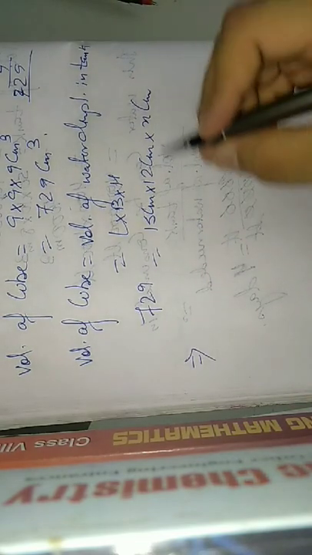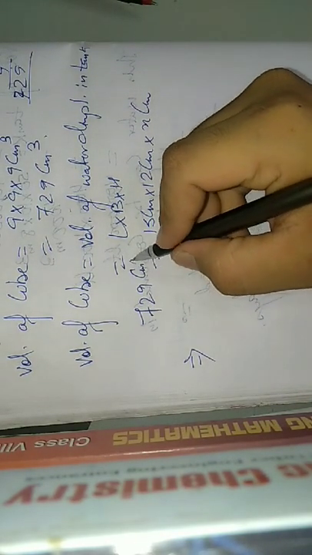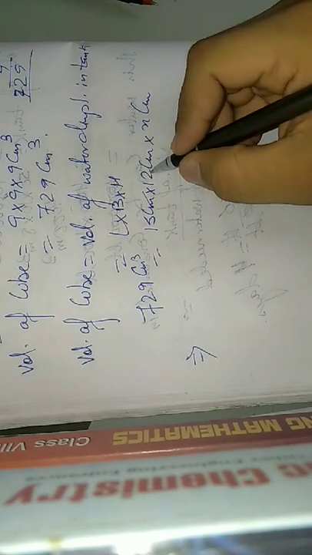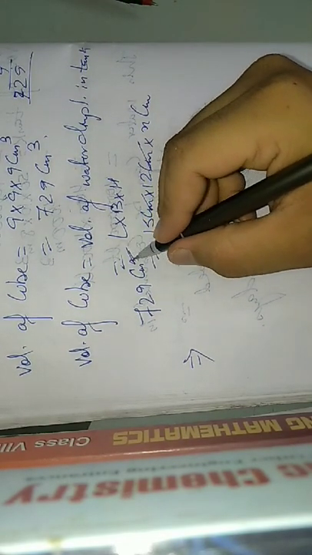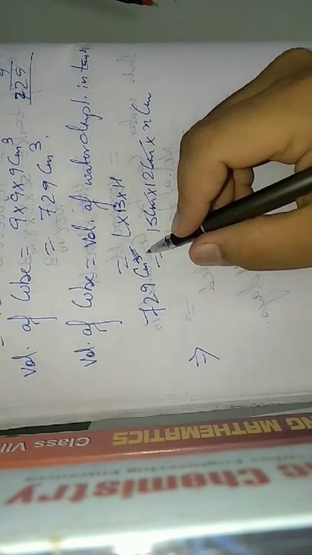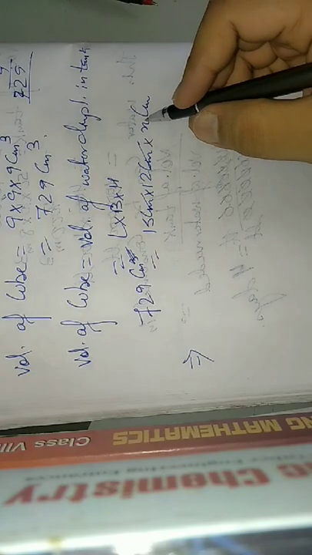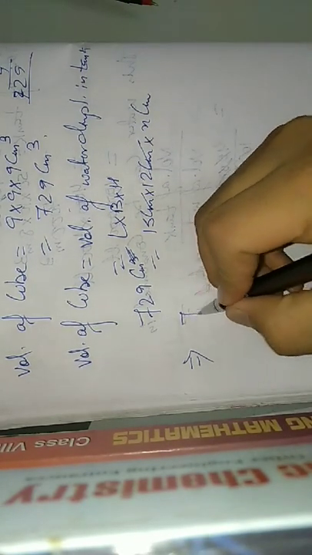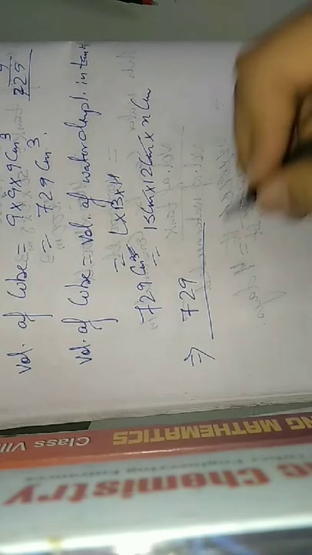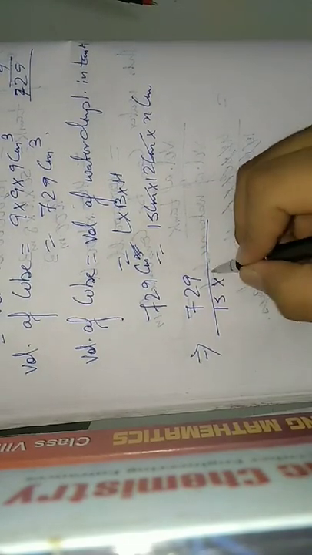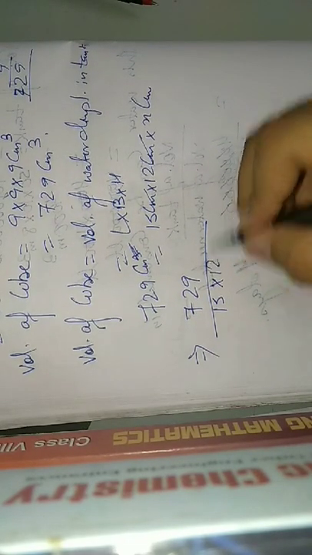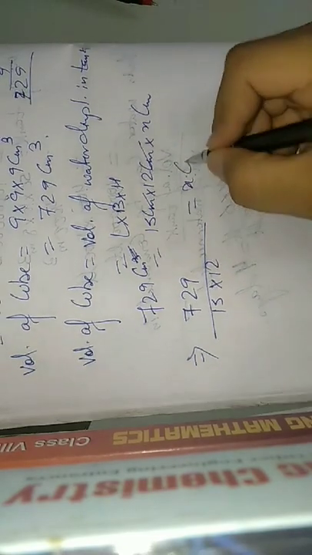So now since you want 729 centimeter cube, centimeter, centimeter, centimeter divided by centimeter square gives you only 1 centimeter left. Now you will divide 729 by 15 and by 12. Since both of them are in the denominator, they will get multiplied. Okay, this is x centimeter.